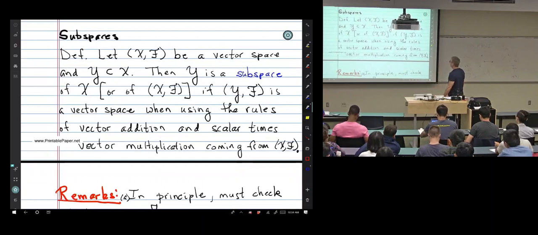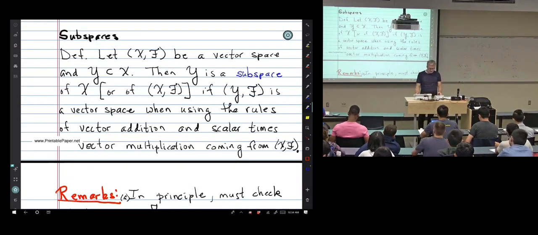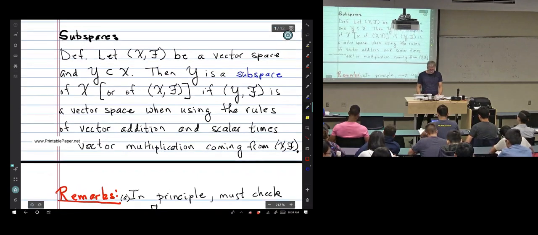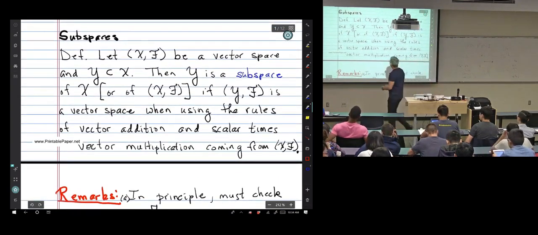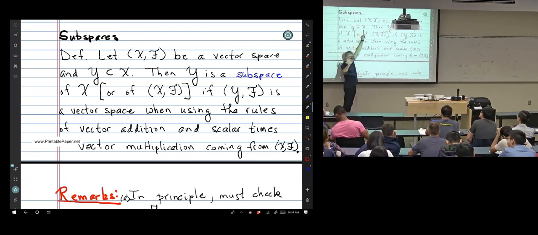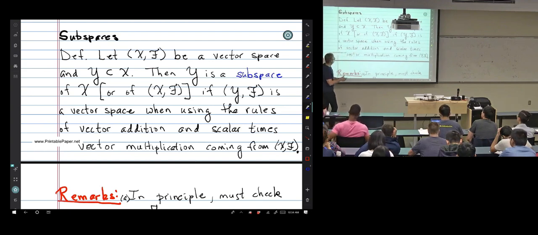Okay, we left off with this definition of a subspace. So we let X over F be a vector space, Y a subset of X, so Y could be all of X. We don't do strict subsets or anything like that in 501.